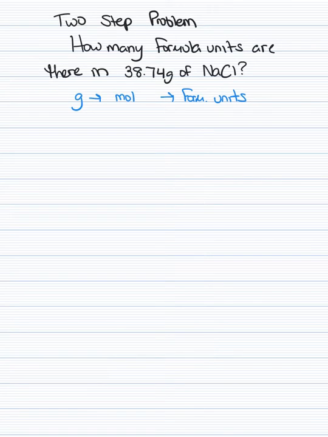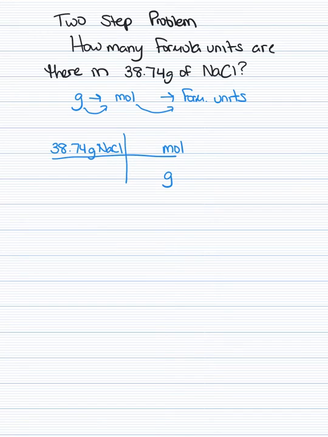To go from grams to mole, we're going to use the molar mass, and to go from moles to formula units, we're going to use 6.02 times 10 to the 23rd. So we start off with 38.74 grams of NaCl. We're first going to go from grams to mole, and we're going to use the molar mass of 58.44 grams in 1 mole.